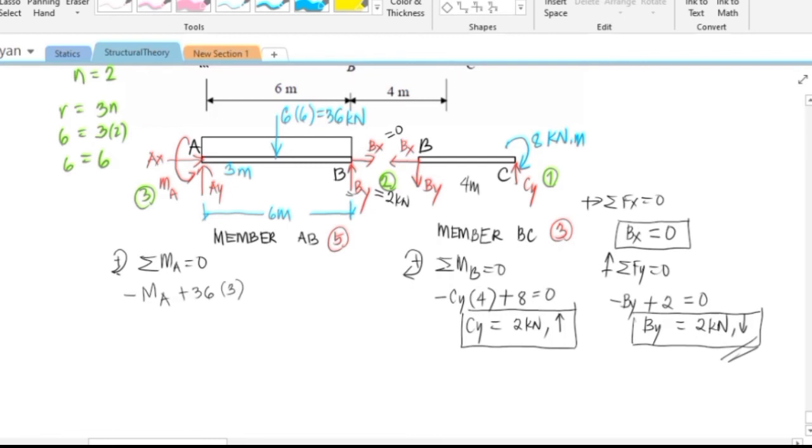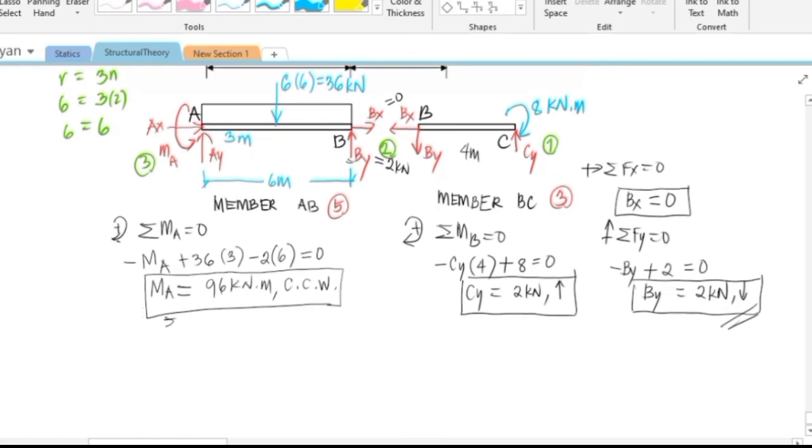Then si BY will create a counterclockwise rotation, so minus 2 kilonewton multiplied with the perpendicular distance, that is 6 meters. Si BX naman, so since 0 naman siya, and kahit may value pa siya, tatama naman siya sa point A, so hindi siya mag-create ng moment. This is equal to 0. So moment in A is equal to 96 kilonewton meter. Since positive yung lumabas na sagot, ibig sabihin tama yung assumption natin that moment in A is directed counterclockwise.